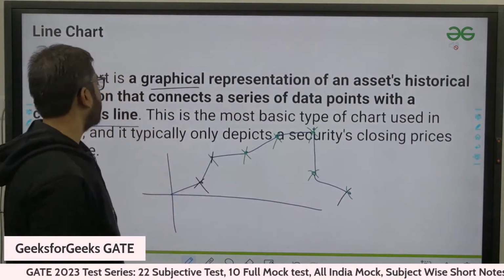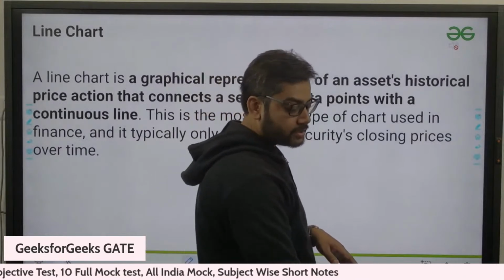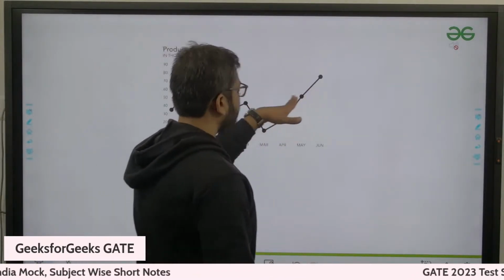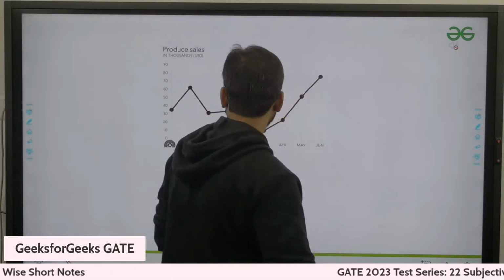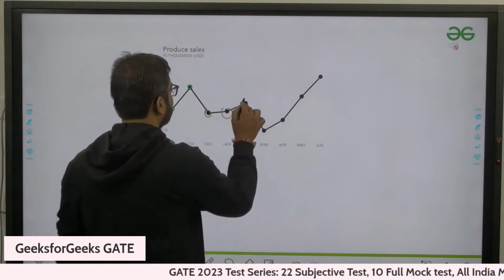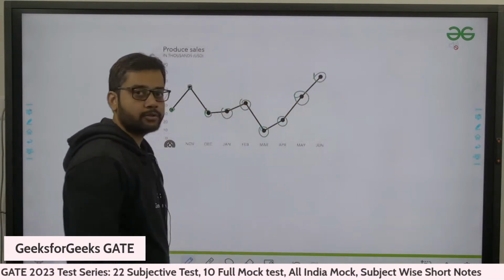So this is our line chart. Just remember the name of the chart. That's it. You don't need to go through it entirely. You have to pick these dots only. This dot will give you the information for the specific question.